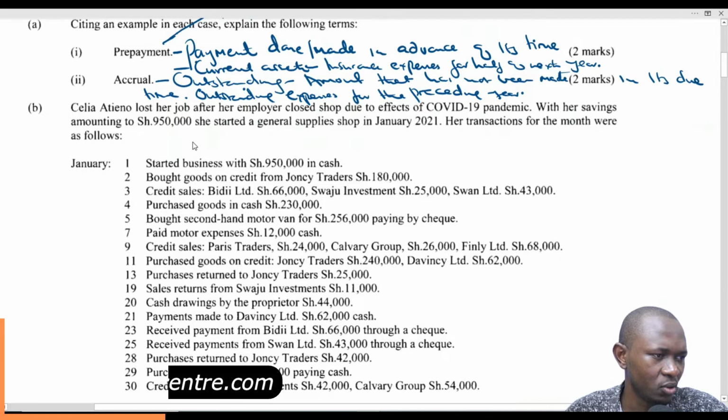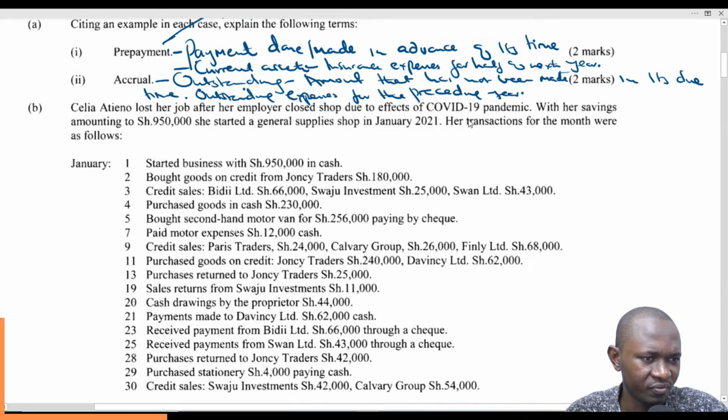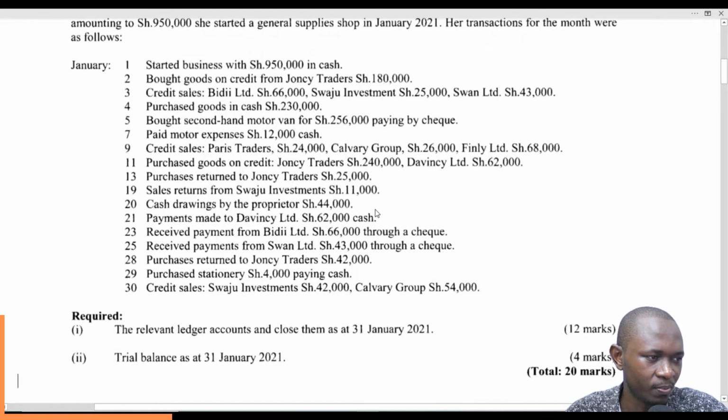Cecilia Atieno lost her job after her employer closed shop due to effects of COVID-19 pandemic. With her savings amounting to 950,000, she started a general supply shop in January 2021. Her transactions for the month were as follows.